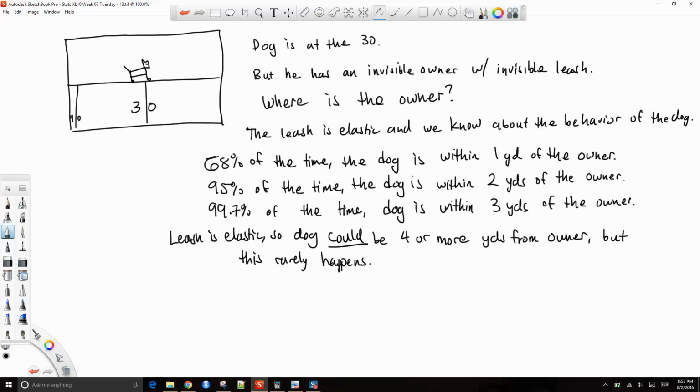All right, so if we see the dog at the 30, what can we say about the location of the owner? So the dog is at the 30. What can we say about the owner?